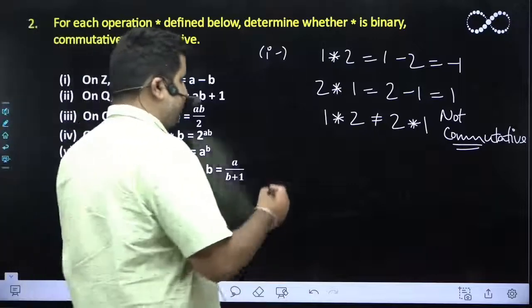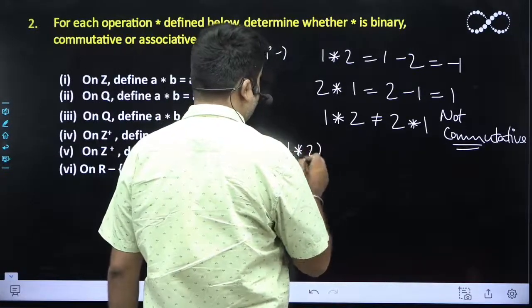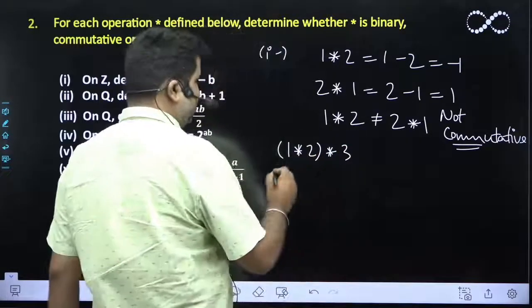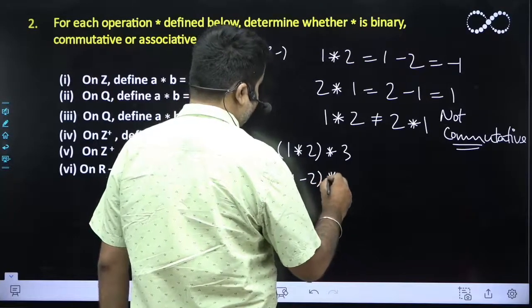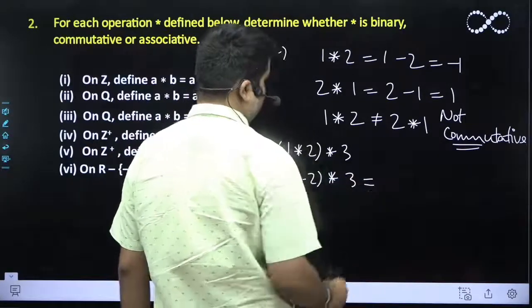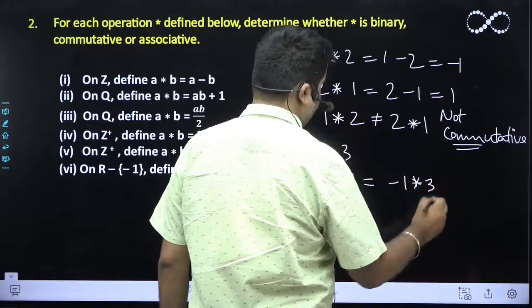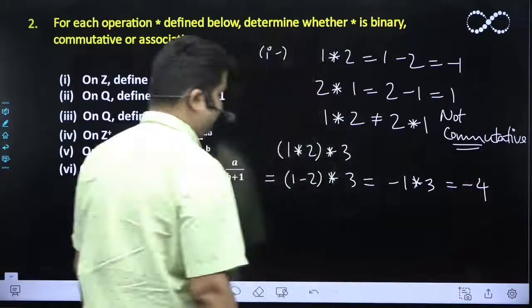And now let's check for the associative property. Let's say we have 1 star 2 star 3. Let's start with this. We have 1 minus 2 star 3, minus 1 star 3, minus 4.